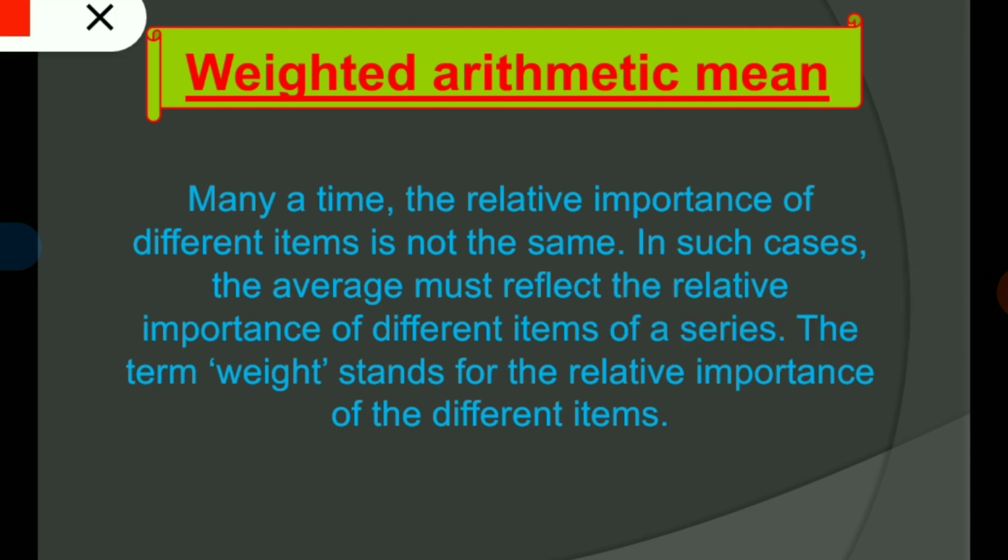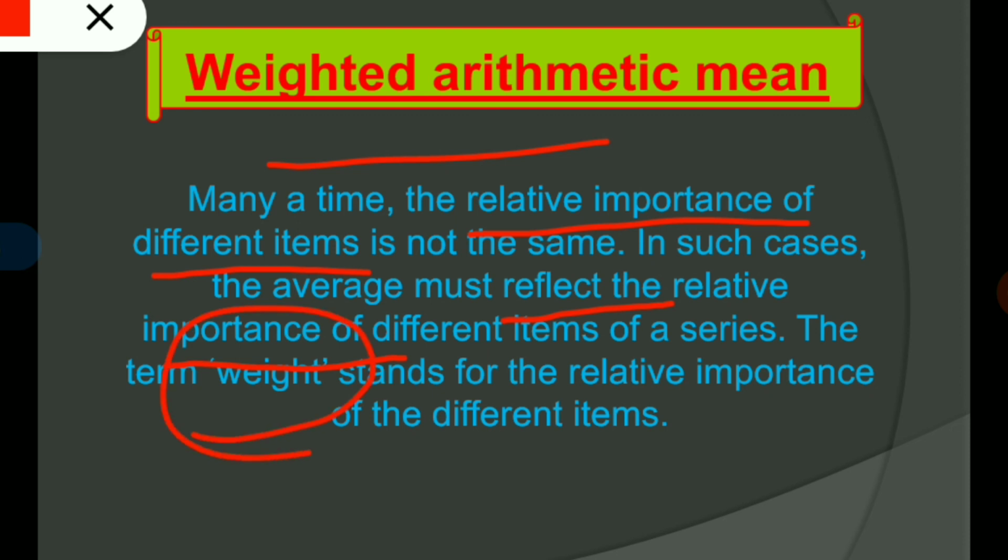When we are calculating the weighted arithmetic mean, the relative importance of different items is not the same. In such cases, the average must reflect the relative importance of the different items. So weight basically stands for the relative importance.